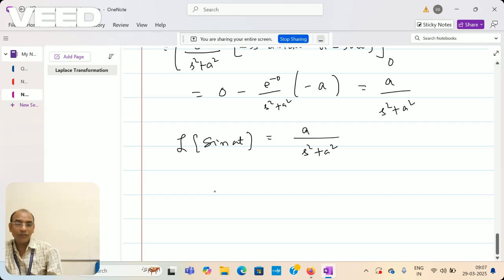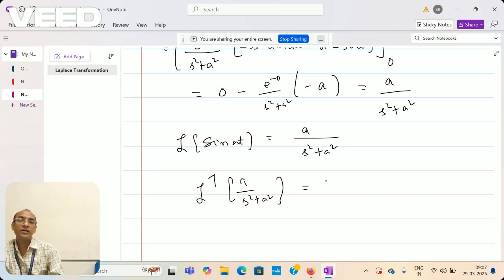Okay, then the inverse Laplace of a by s square plus a square will be nothing but sin at.